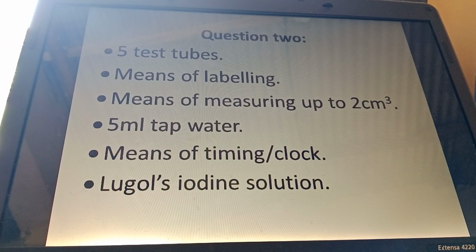Means of labeling. Means of measuring up to 2 centimeters cubed, or 2 cubic centimeters. 5 ml tap water. Means of timing, a clock. And then you have Lugol's iodine solution.